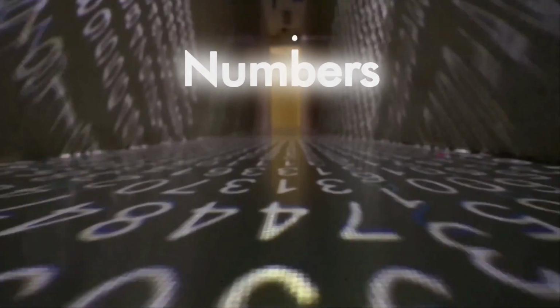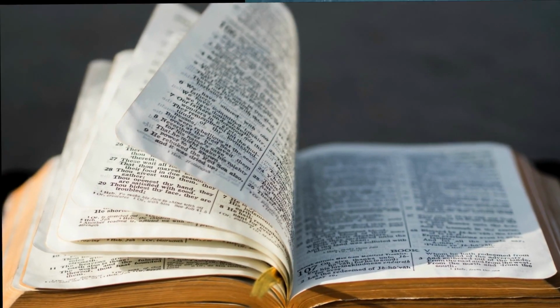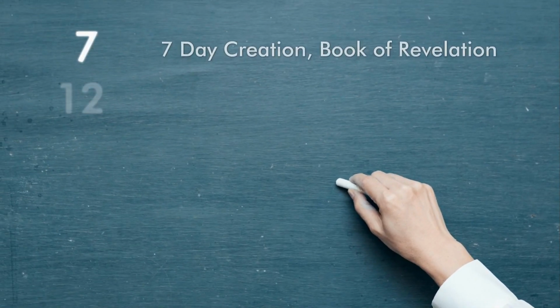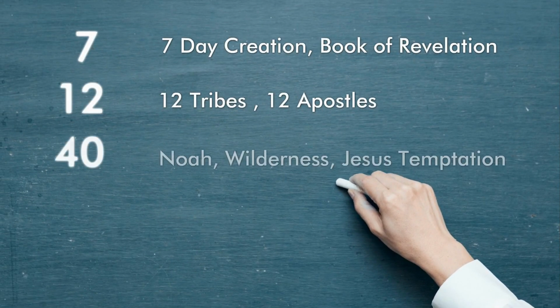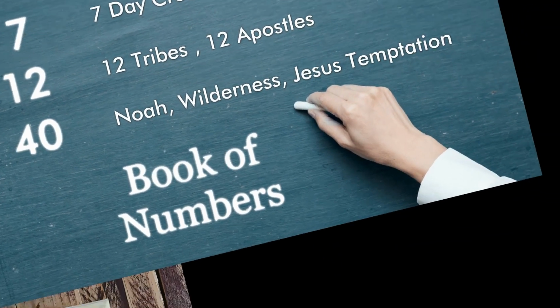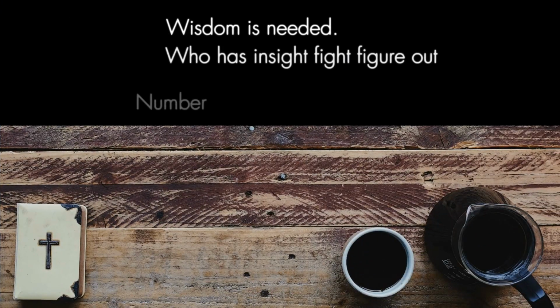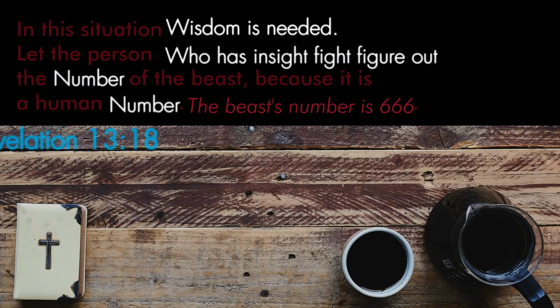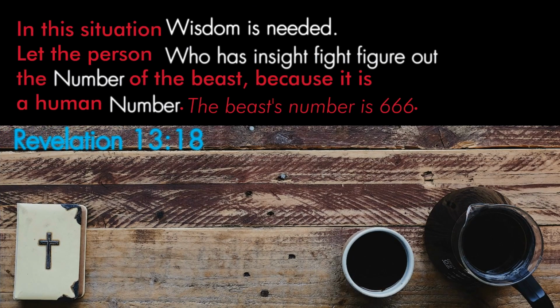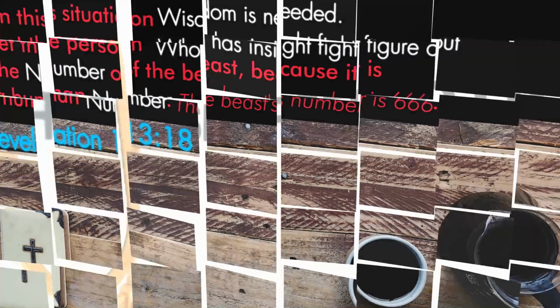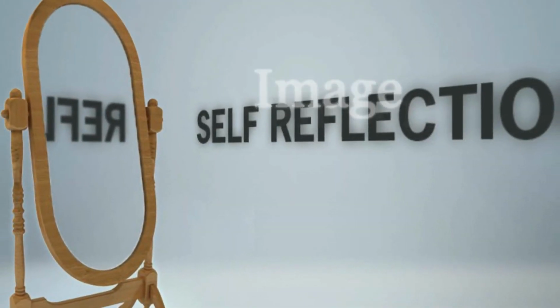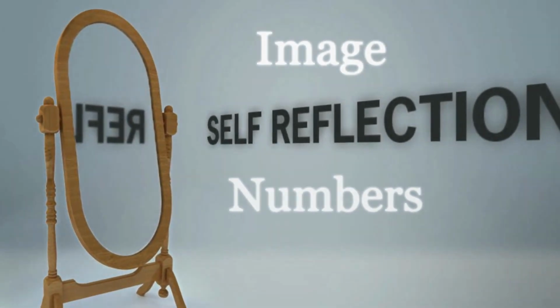So let's begin our second subtopic, numbers, because it too is an important concept in the Bible, because numbers are found everywhere in the Bible, like the number 7, 12, 40. There's even a book of Numbers. Another interesting example is the number of the beast, because that particular example highlights the use of numbers and validating that they are important. However, are these two concepts related between an image and numbers?